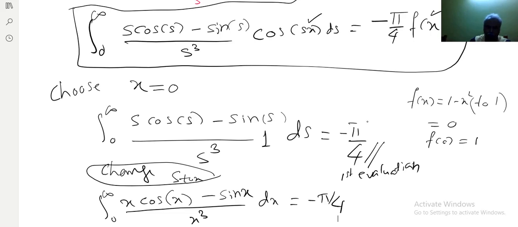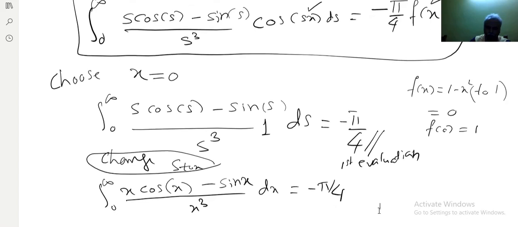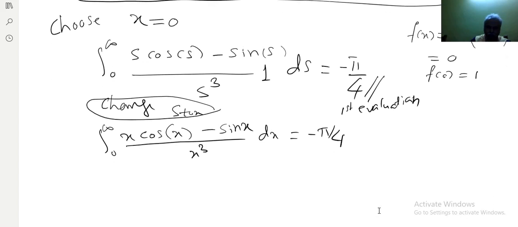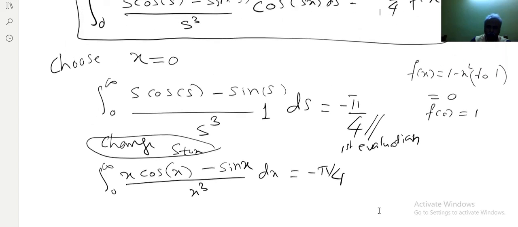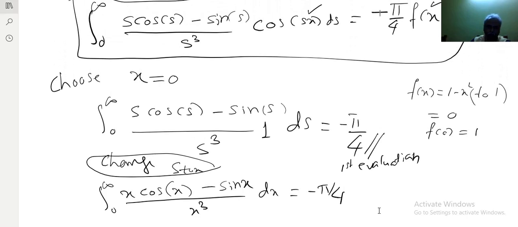For the second evaluation, I am choosing carefully x equal to half here. x equal to half is also in the range of minus 1 to 1.